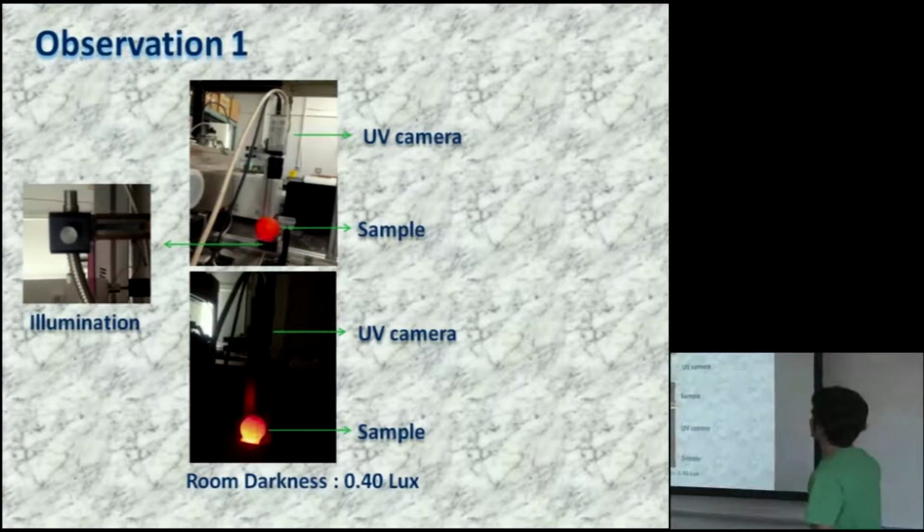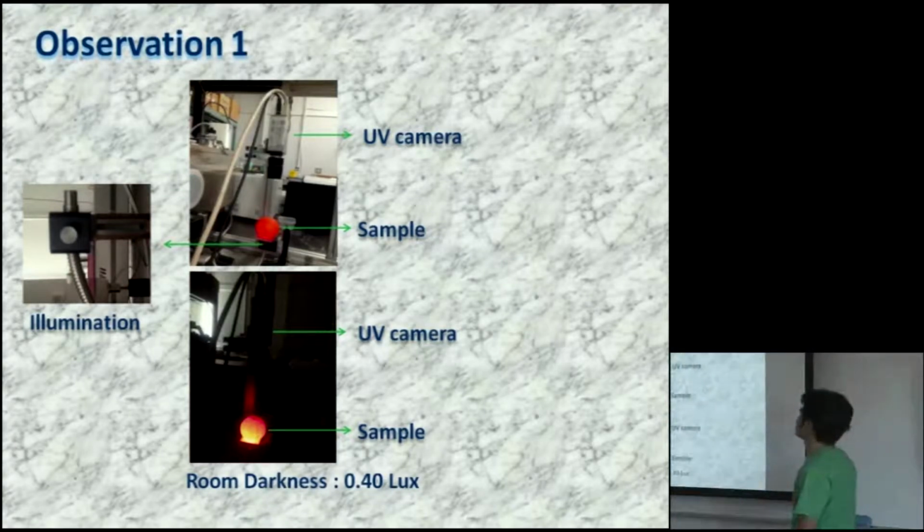This is my first observation. I use a UV camera because I think if the UV camera can capture in UV, that means spectroscopy can also get spectrum intensity in the UV region.